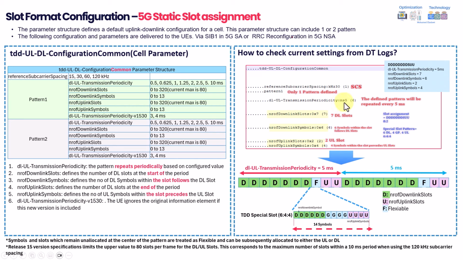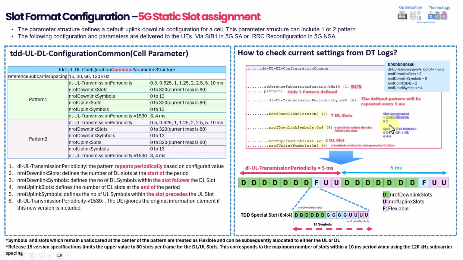You can see here ms5, this means 5 millisecond, number of downlink slots 7, so this means 7 downlink slots, and you have the number of symbols within the slot which follows those 7 slots, which means slot number 8, which we consider as the S special slot, will have 6 symbols within this F or S special slot or flexible slot. Then the uplink slots will be 2, as we mentioned. Here it shows 2, so these 2 slots, and you will have 4 symbols.